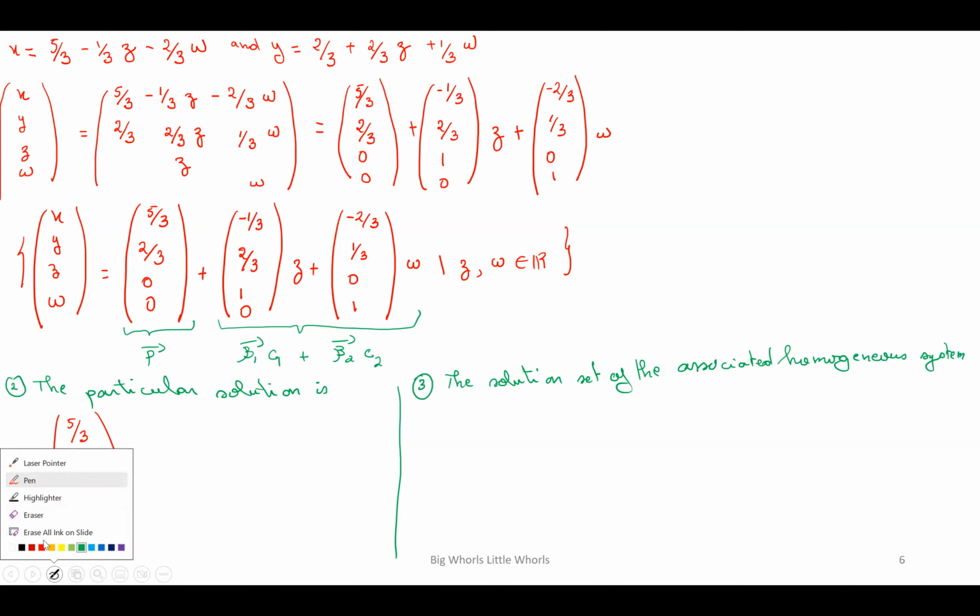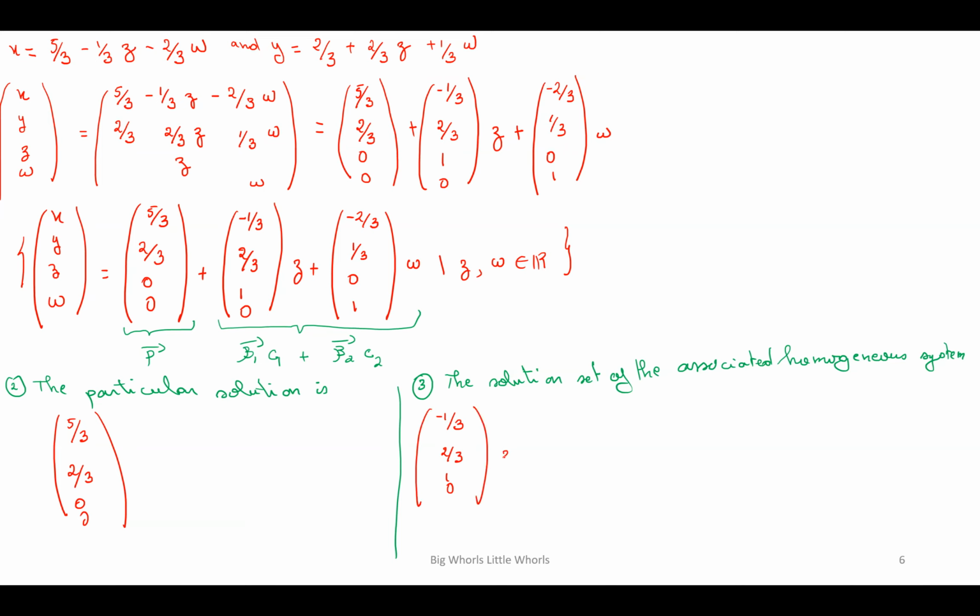Which is, as you can guess, minus 1 over 3, 2 over 3, 1, 0, multiplied by z, plus minus 2 over 3, 1 over 3, 0, 1, multiplied by w, such that z and w are free. That's the part.